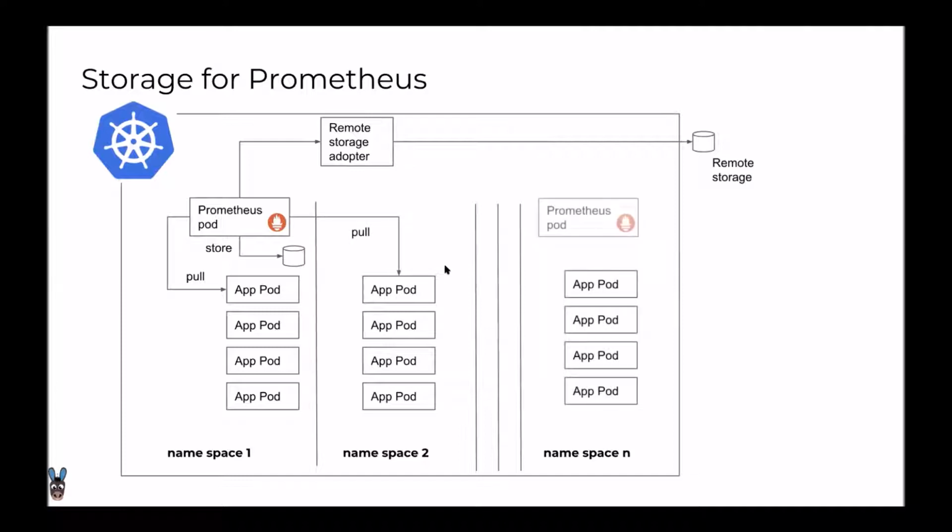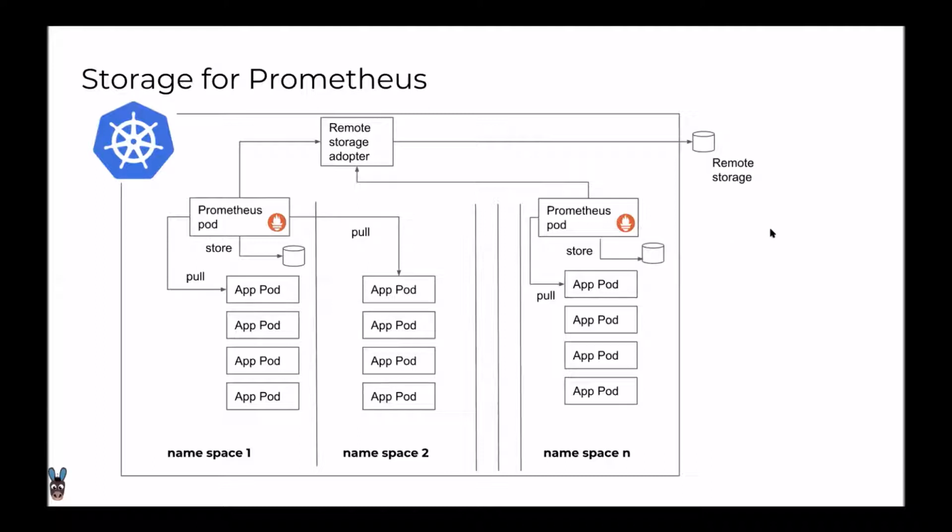it could be that there is a different Prometheus server that's pulling out the data from those different pods. So it will have a different local storage, but it could write to the same remote storage even if there are multiple Prometheus servers.